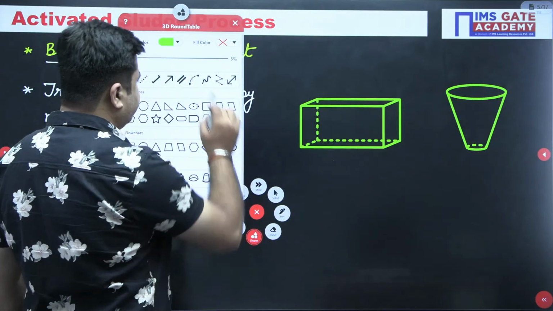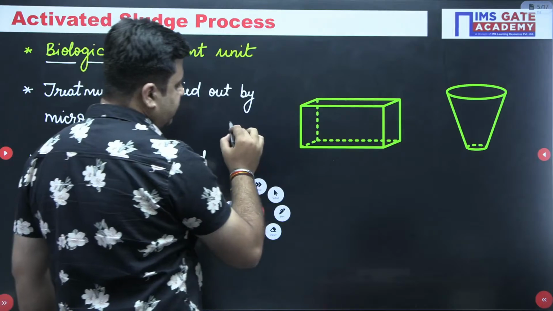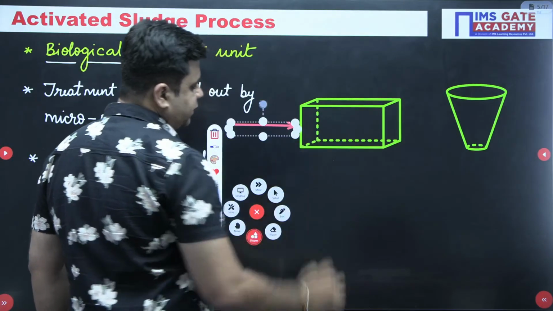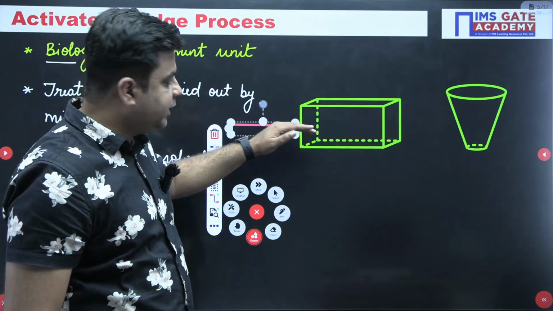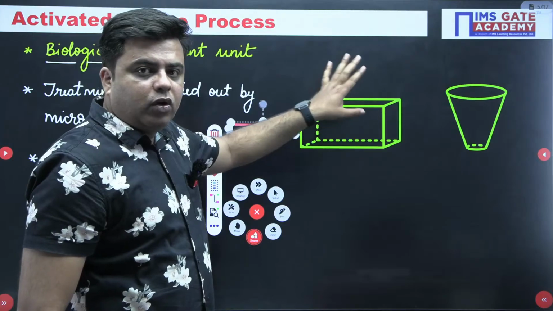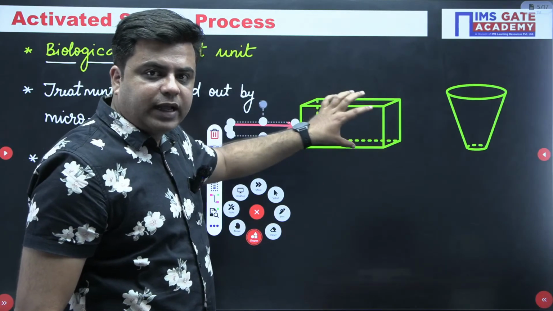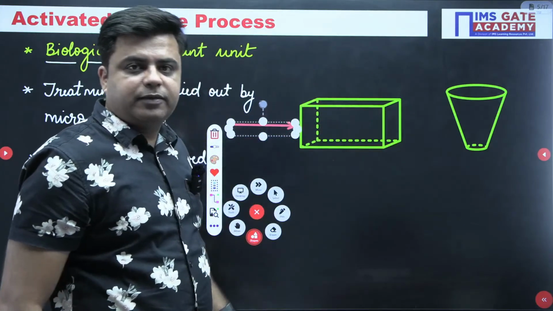So now what is happening? The wastewater from the primary sedimentation tank is entering into the aeration tank. All the decomposition of the organic matter will take place in this aeration tank.